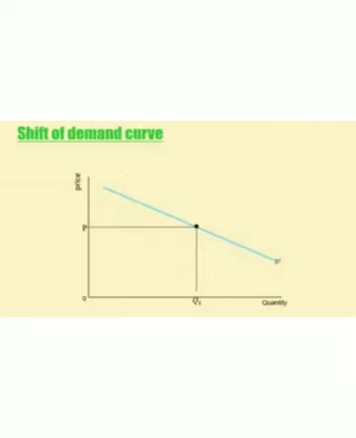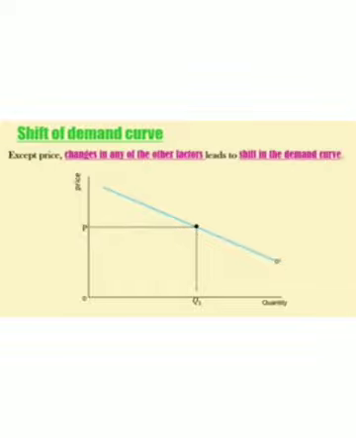Let's now see how a shift of the demand curve takes place. Except price, changes in any other factors lead to a shift in the demand curve. Let us consider the effect of an increase in consumers' income on the demand curve. Suppose the initial demand curve is D1.